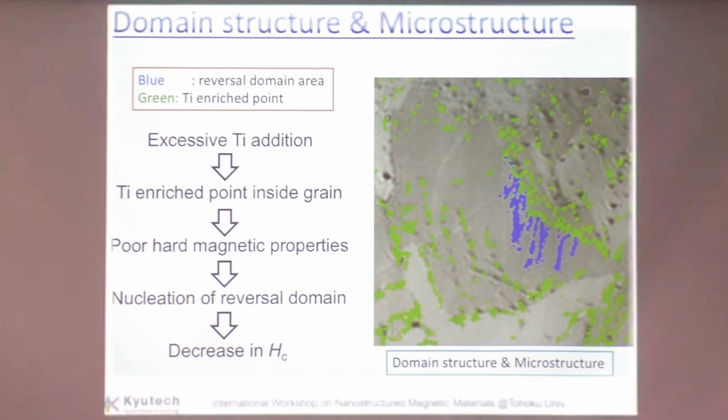So excess titanium addition produced a titanium-enriched point inside the grain, a very poor titanium distribution, and the poor distribution produces poor hard magnetic properties. That is because of the nucleation of the reversal domain from the titanium-enriched point. So this is the reason for the decrease in the coercivity in this sample.